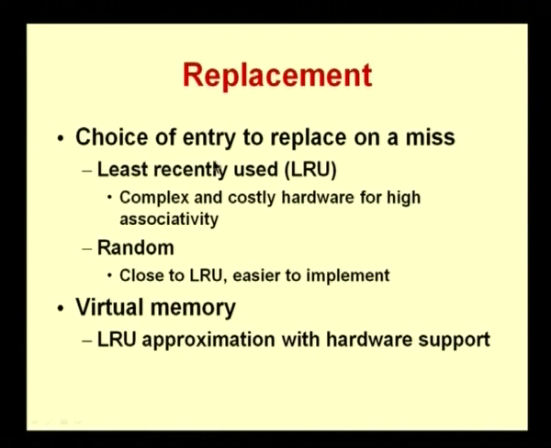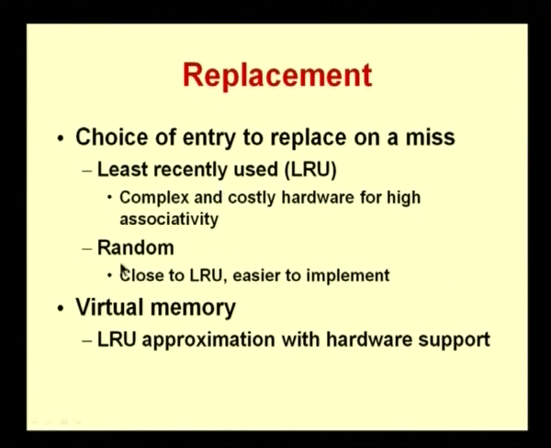If we look at replacement, replacement is done by means of LRU or random replacement. Now, LRU is complex, and sometimes costly hardware is required for high associativity, but we also saw how in the case of virtual memory subsystems a simple 1 bit reference bit is used to implement the least recently used policy.